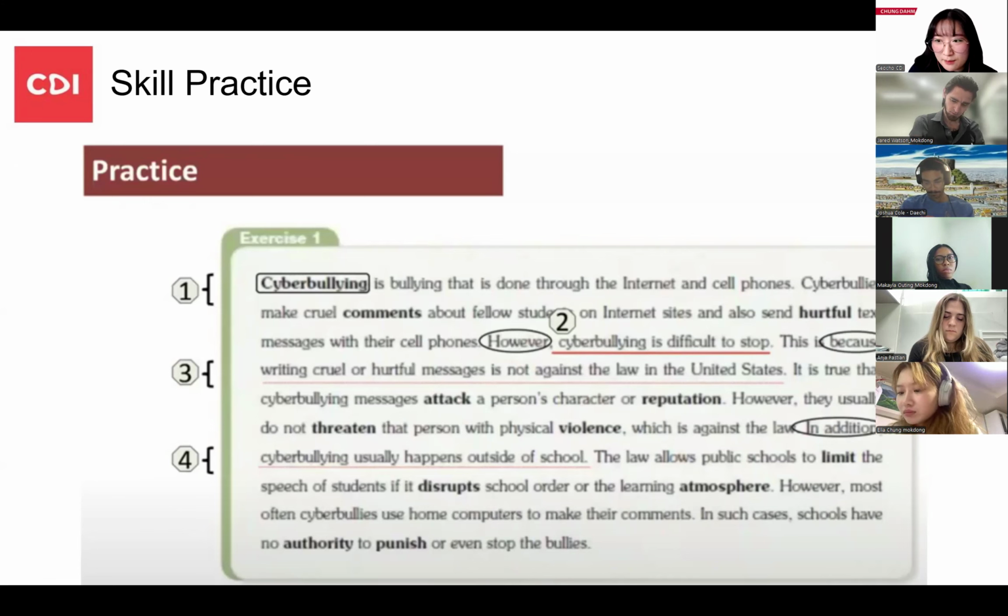You can treat this pretty similarly to C1 as well by using WH questions about the thesis to elicit the main ideas or using WH questions about the main ideas to elicit major details. And again, you can think of these like with your students. This will help them justify their answers to you as well.